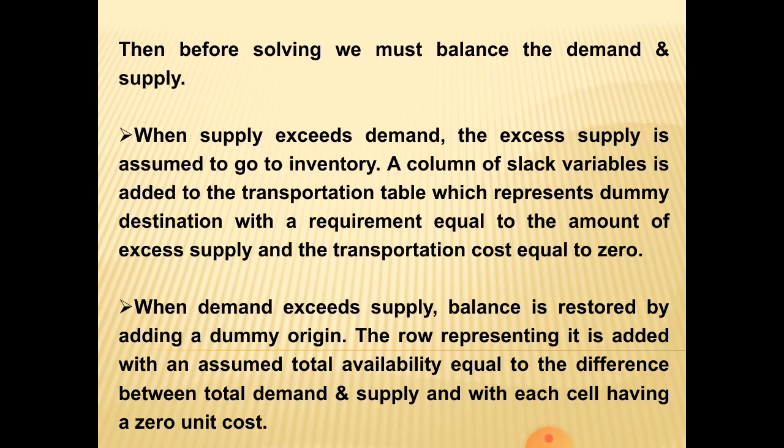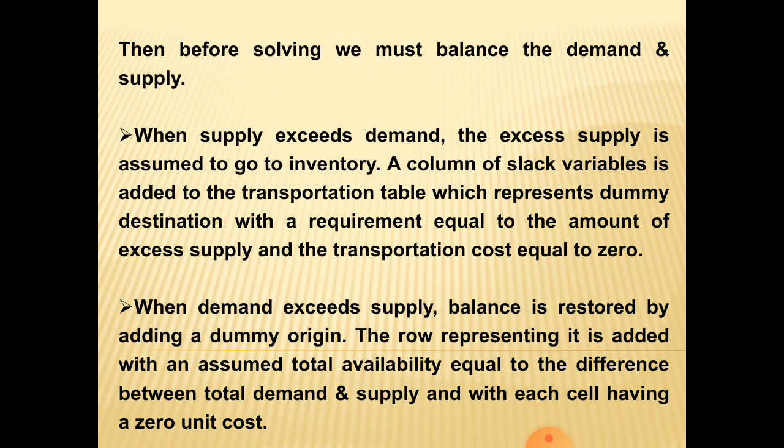When supply exceeds demand, the excess supply is assumed to go to inventory. A column of slack variables is added to the transportation table, which represents a dummy destination with a requirement equal to the amount of excess supply and the transportation cost equal to 0.